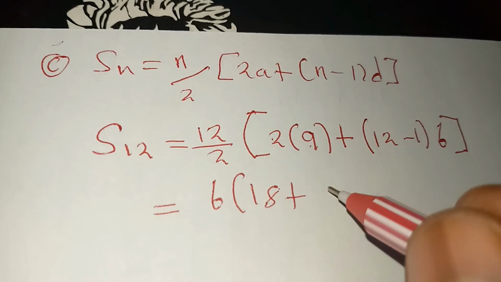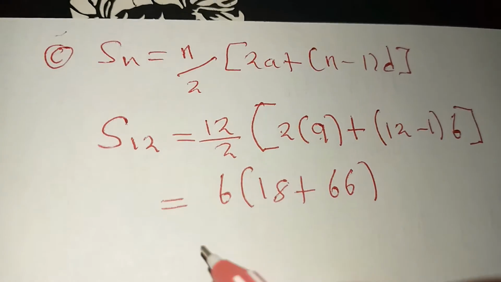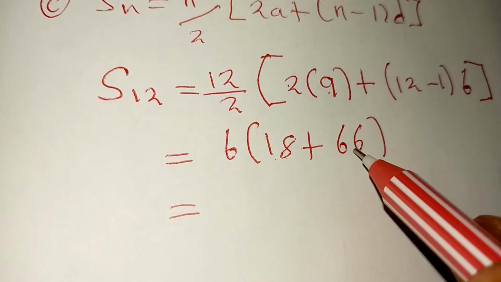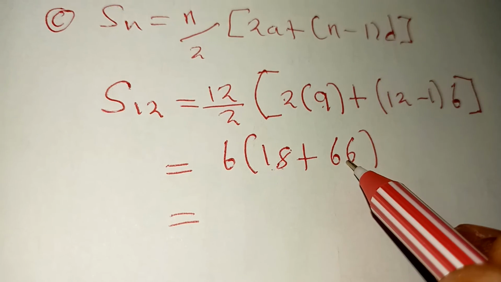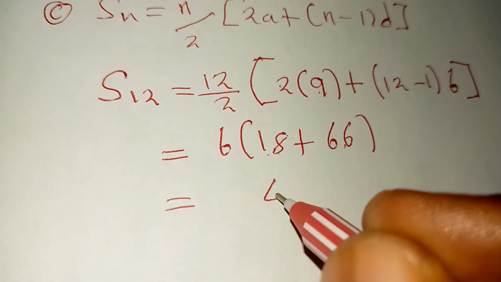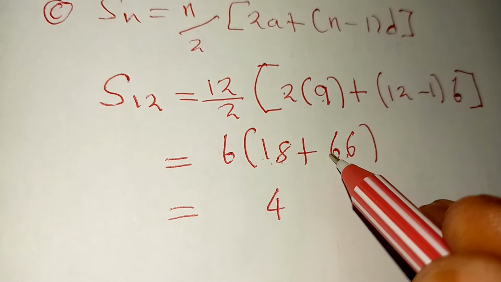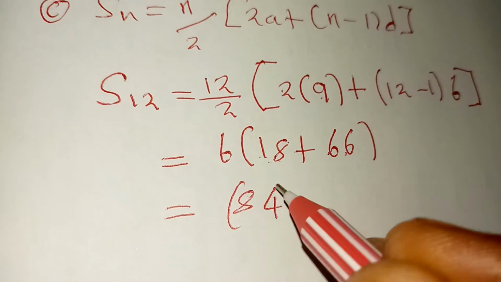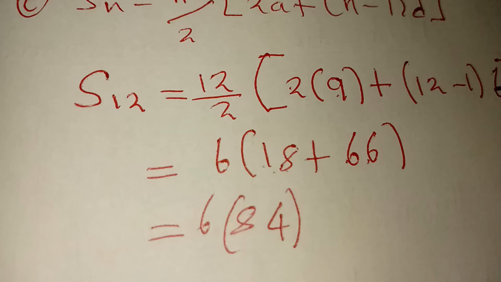Then multiply by 6, that is 66. Then this will be 18 plus 66, which gives us 84. So you are having 84 multiplied by 6.